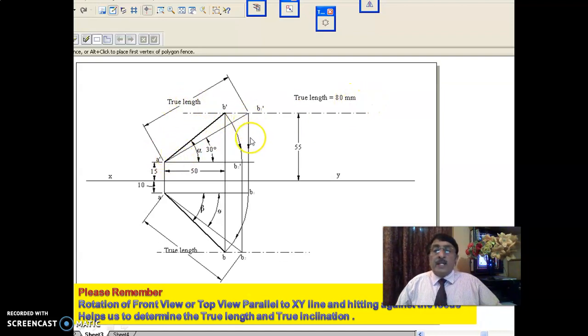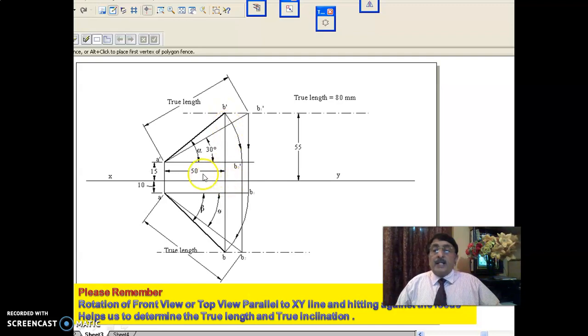Immediately the corresponding top view will be parallel to the XY line. Make it ready, which you have to rotate. Anyway, now the distance between end projectors is given as 50 mm. If you draw the end projectors here, wherever it hits, it is B dash.